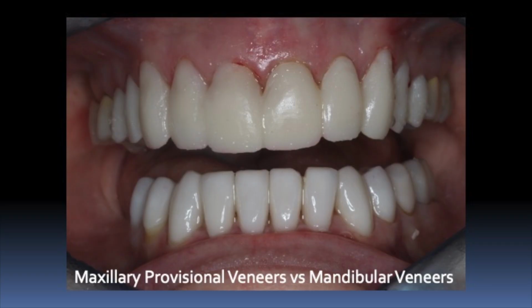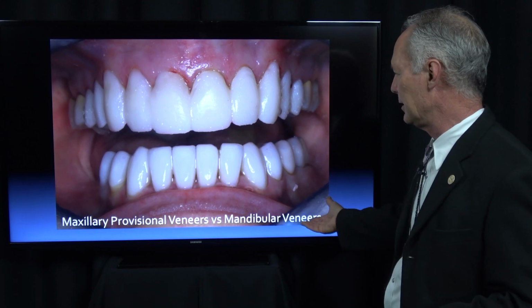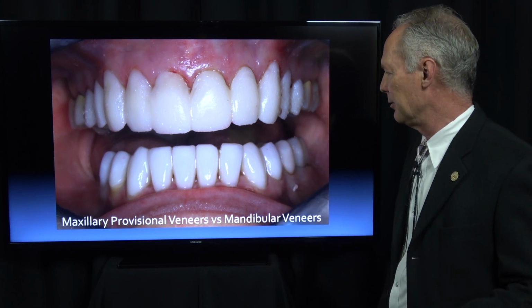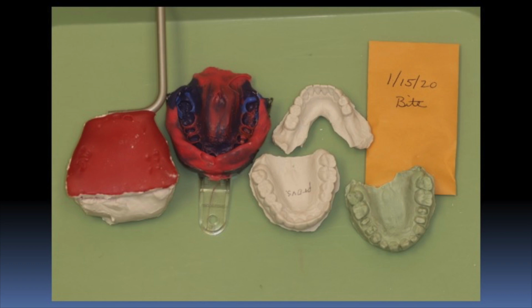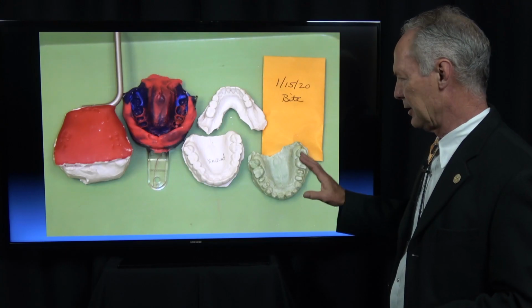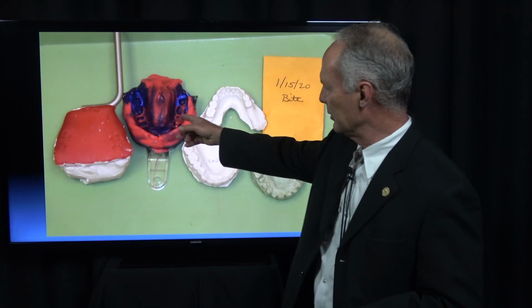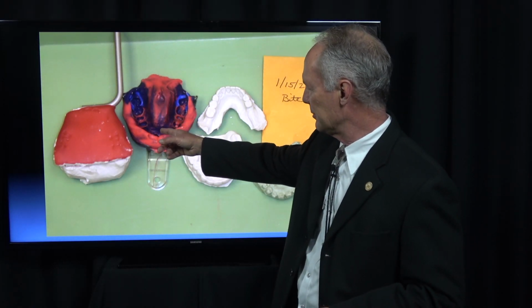This is just the maxillary provisional veneers versus the mandibular veneers, the seated veneers in the mandible, and these are the other things we send to the lab besides photographs. This is the first model taken in my office with reversible hydrocolloid, and we pour that model. We take a second model with a polyether and custom tray.